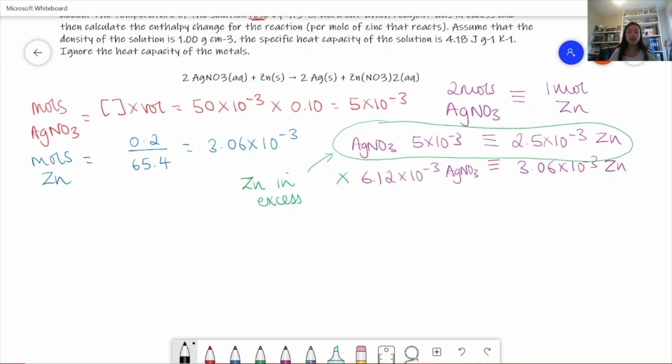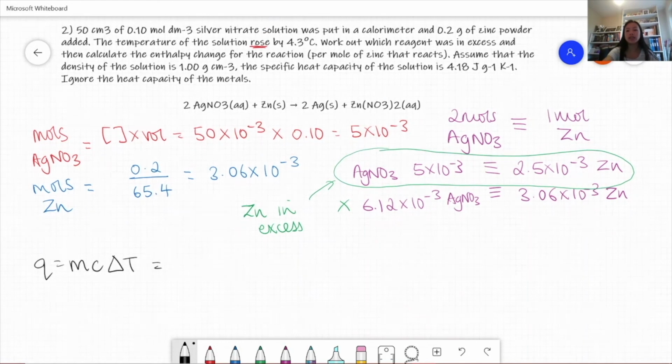So now we write out the equation that we know, so Q equals mc delta T, and plug in the numbers. So mass here would be the mass of the solution that's been heated. So we've got 50 centimeters cubed of it, and that's equivalent to 50 grams. And then we multiply it by the specific heat capacity of the solution, which is 4.18.